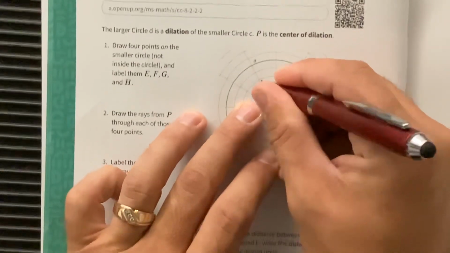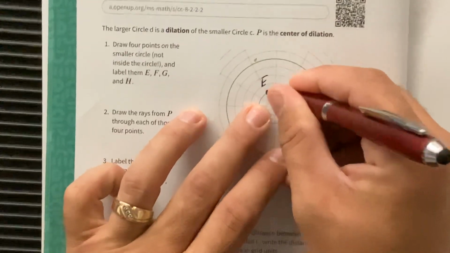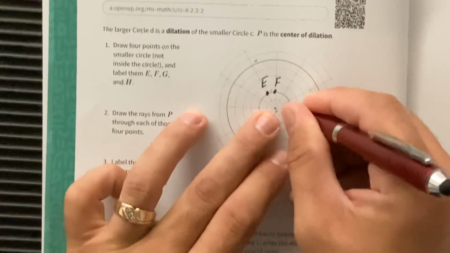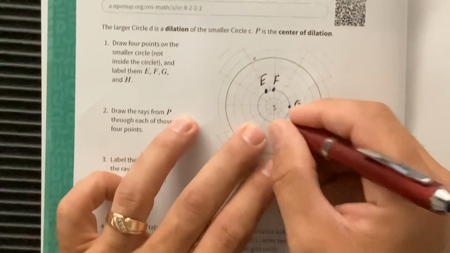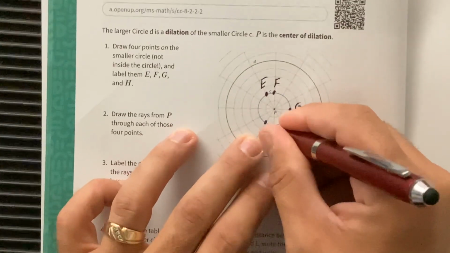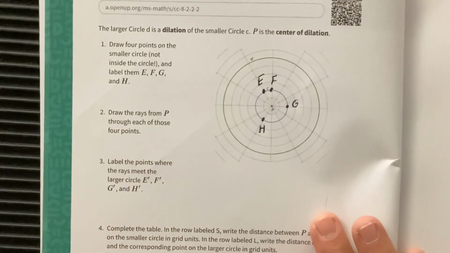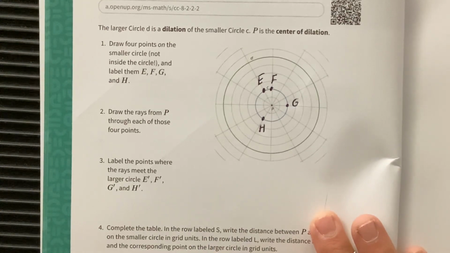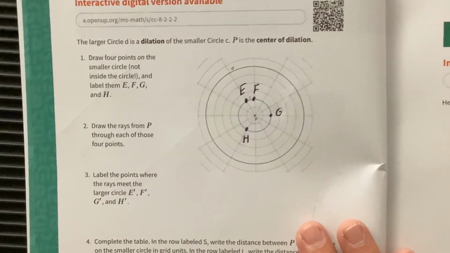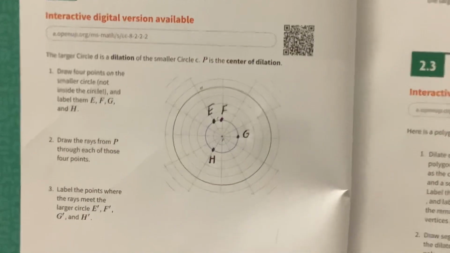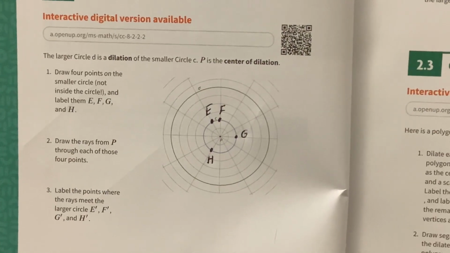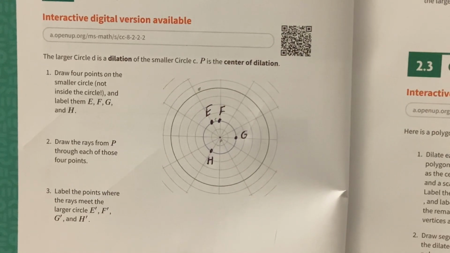I'm just going to scatter. I'm going to put a couple close together and spread the other ones out. Now it says draw the rays from P through each of those 4 points.